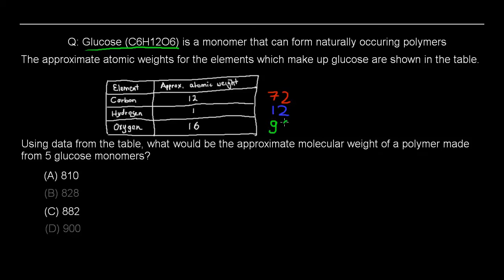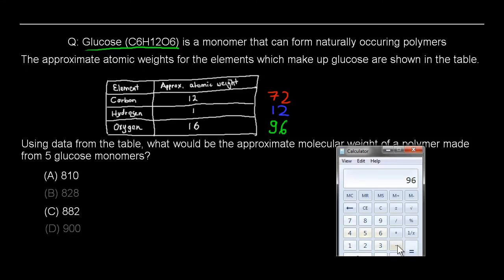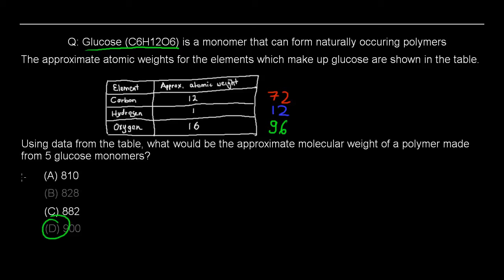Then we add all that together: 96 plus 12 plus 72. That's how much 1 mole is, but it asks for 5, so we still have to times that by 5. So 180 is for 1, and times 5 gives us an answer of 900. So 900 is correct. The other ones are all wrong.